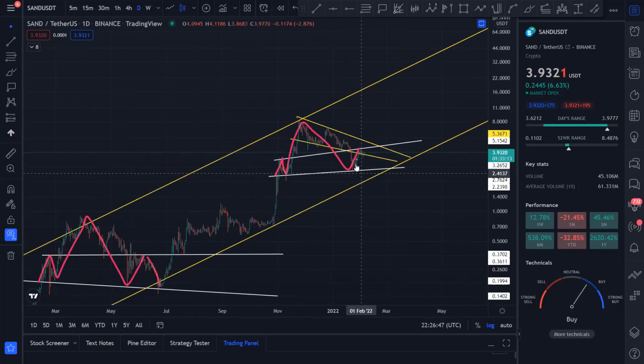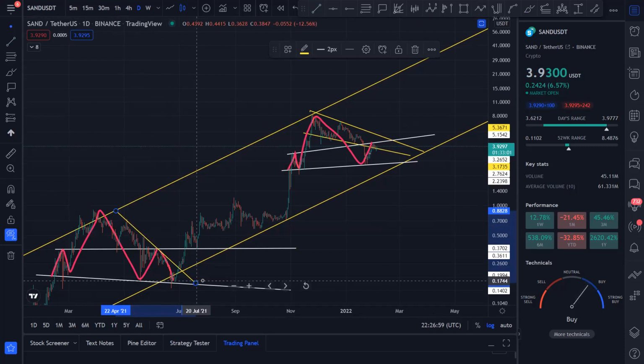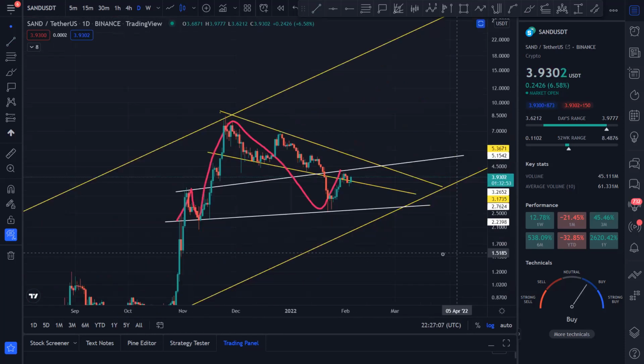We want to break this resistance. Right over here, as soon as we broke this resistance and this resistance, this became support. In the same way over here, if you break this resistance, and this and this, your rally will start towards the upside.